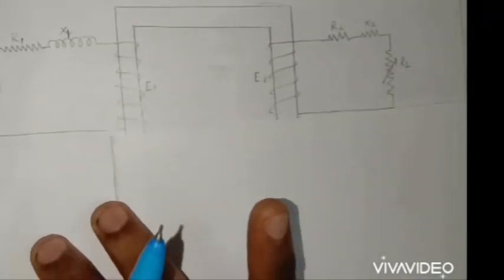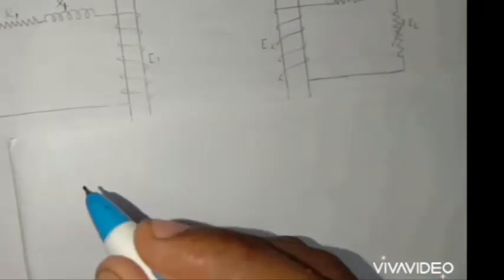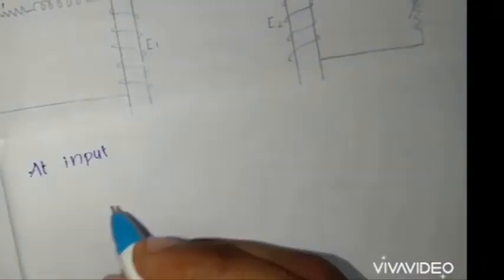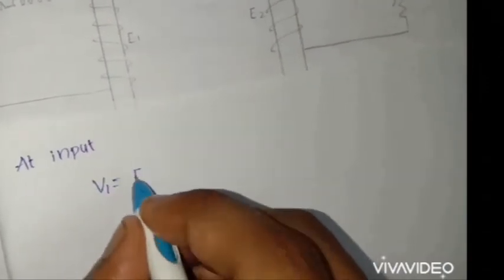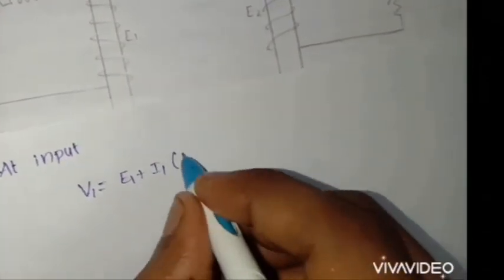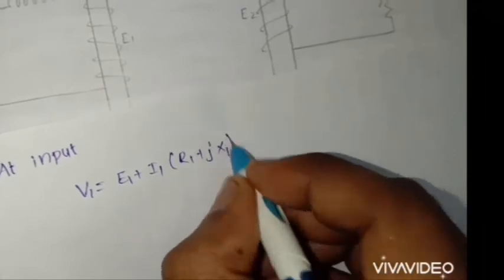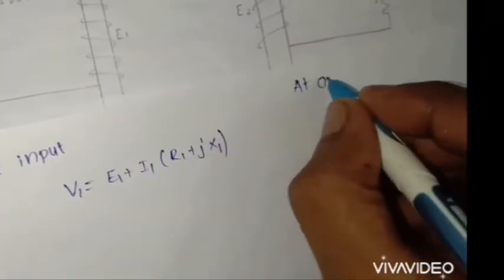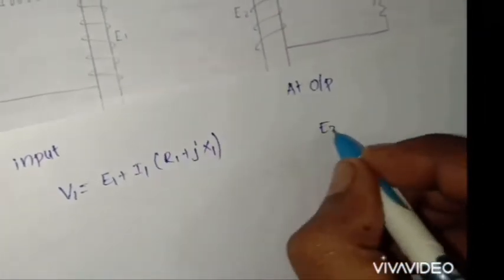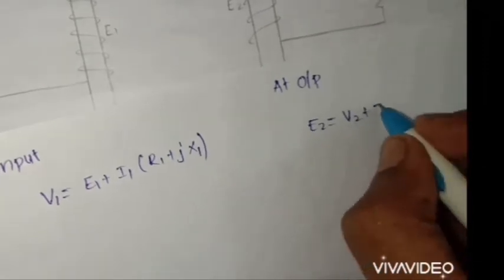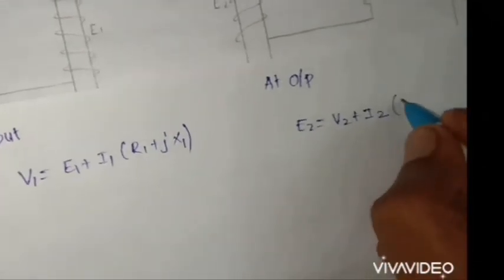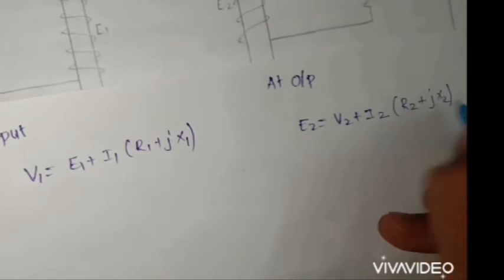Let's quickly write KVL equations at input and output. At input, V1 is equal to E1 plus I1 into R1 plus jX1. At output, E2 is equal to V2 plus I2 into R2 plus jX2.